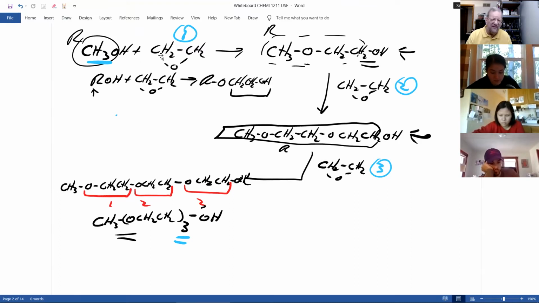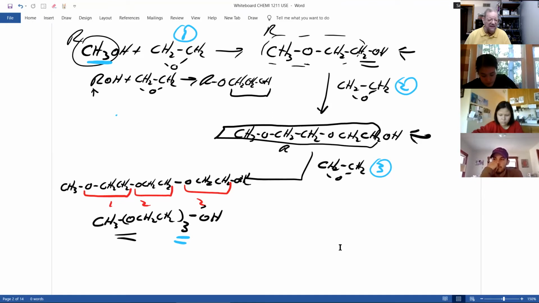And therefore, it's time to talk about how you can react an alcohol with more than 1 mole or molecule of ethylene oxide. In this case, I use 3 moles or molecules.